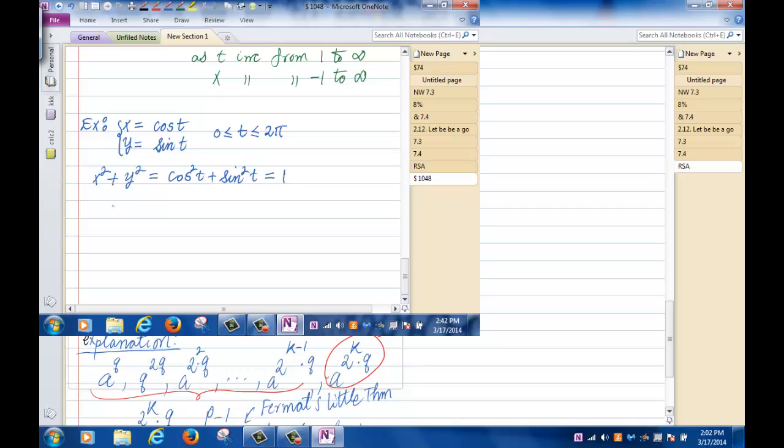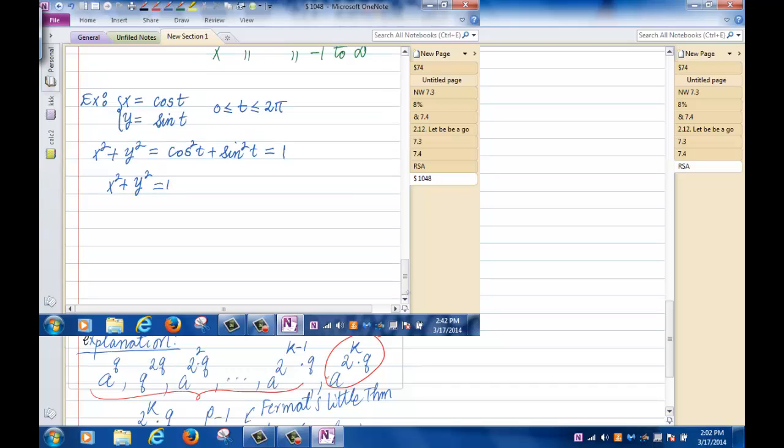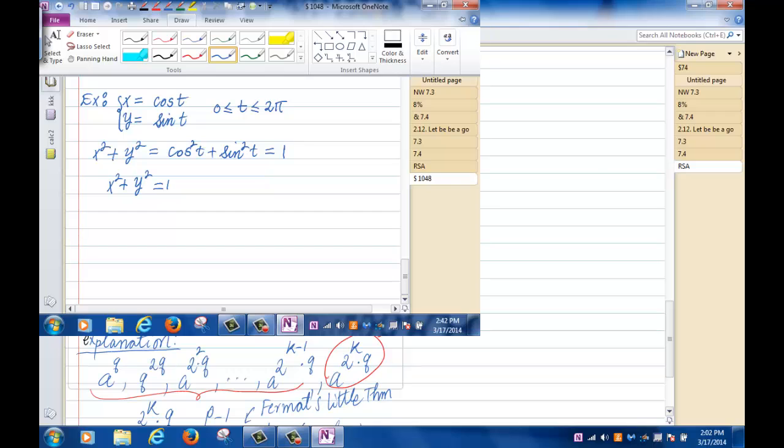So the equation that we are getting between x and y is x squared plus y squared is 1. And do we know what that is? It's a circle of radius 1 centered at the origin, right?